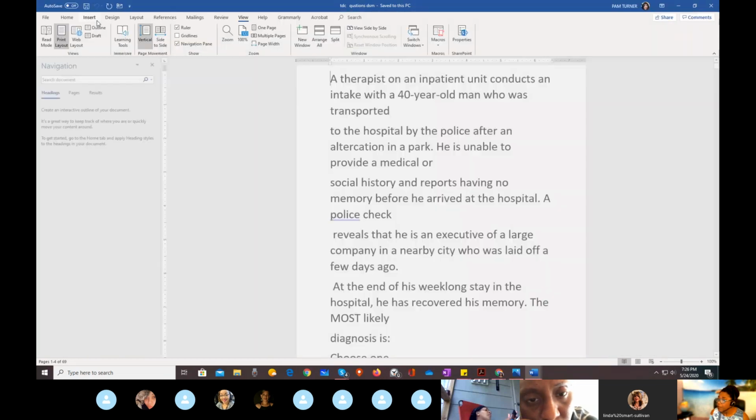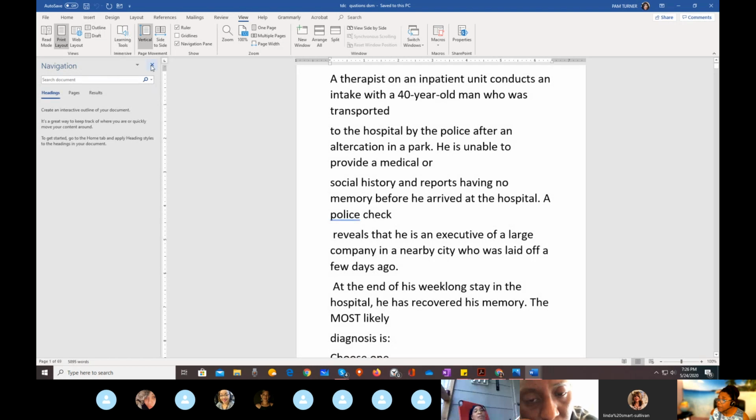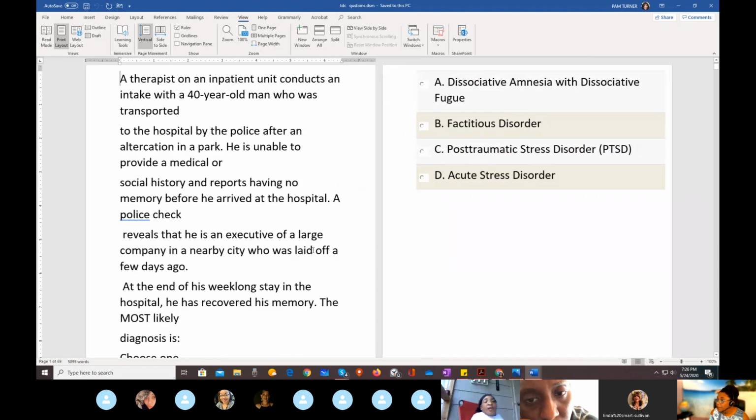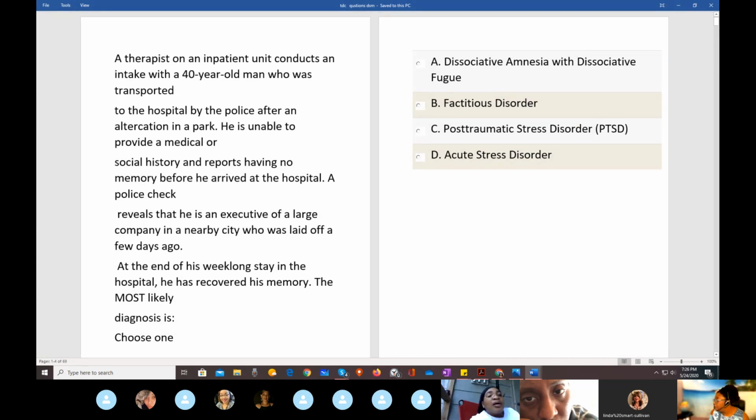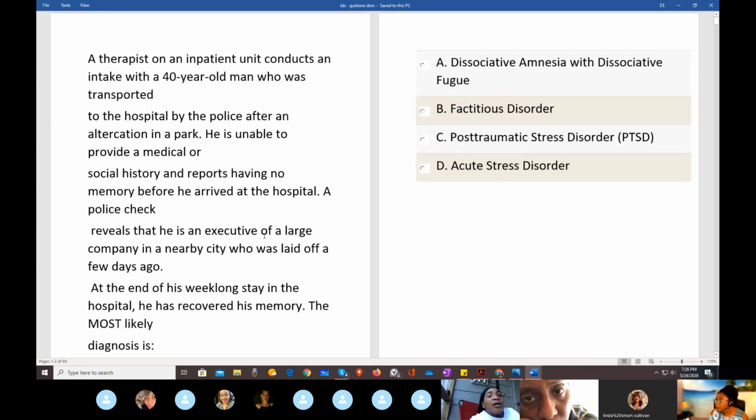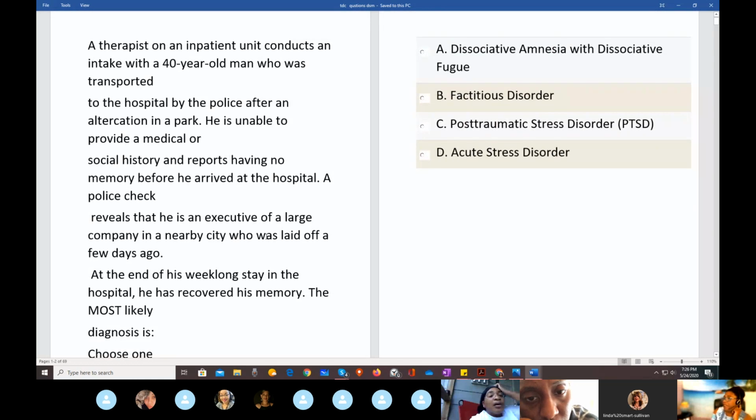A therapist on an inpatient unit conducts an intake with a 40-year-old man who was transported to the hospital by the police after an altercation in the park.